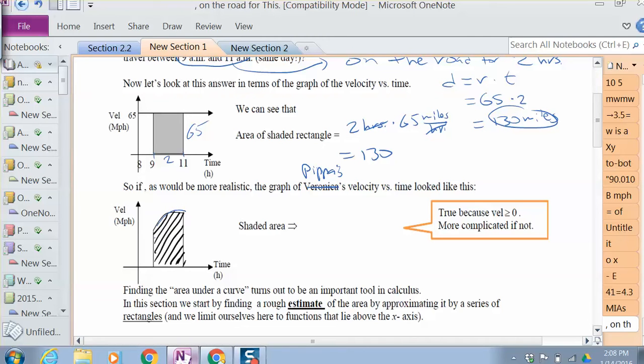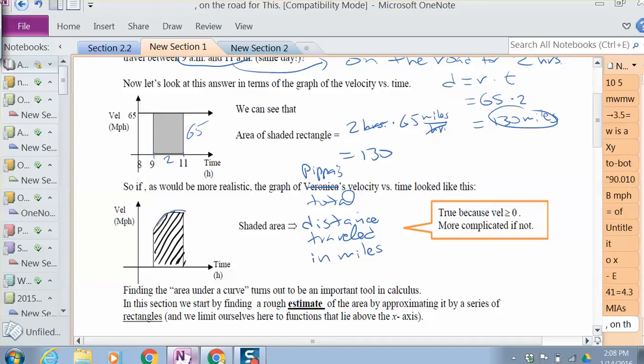And so the shaded area, as we just saw in the previous example, is going to represent the total distance traveled in miles. So essentially, this is going to represent her total change.